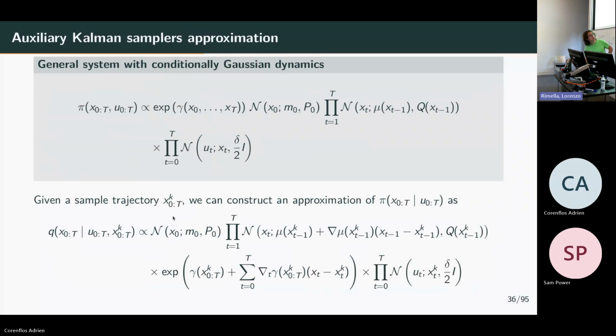So I just take my initial time specifier, then I linearize my dynamics around my current trajectory, and conditionally on xk, this is now a linear Gaussian state space model, right? Well, sorry, those are linear Gaussian dynamics, and then I linearize my potential function gamma around my current trajectory.